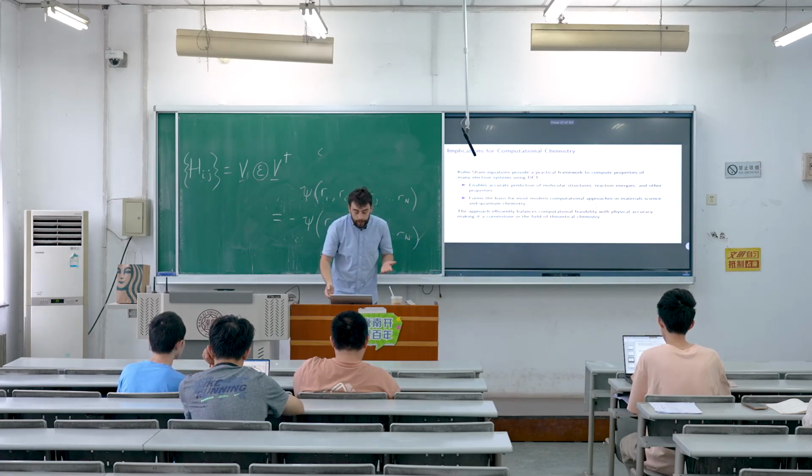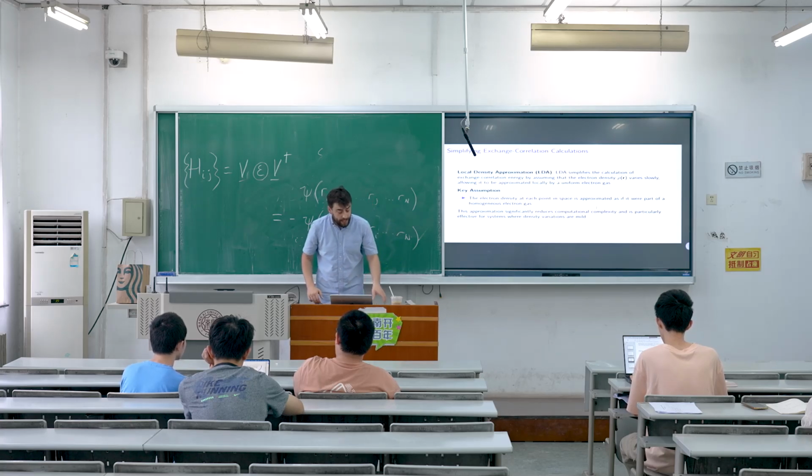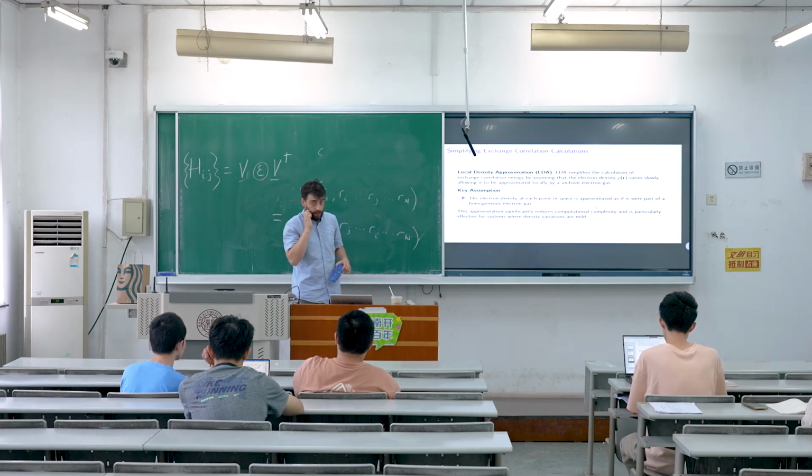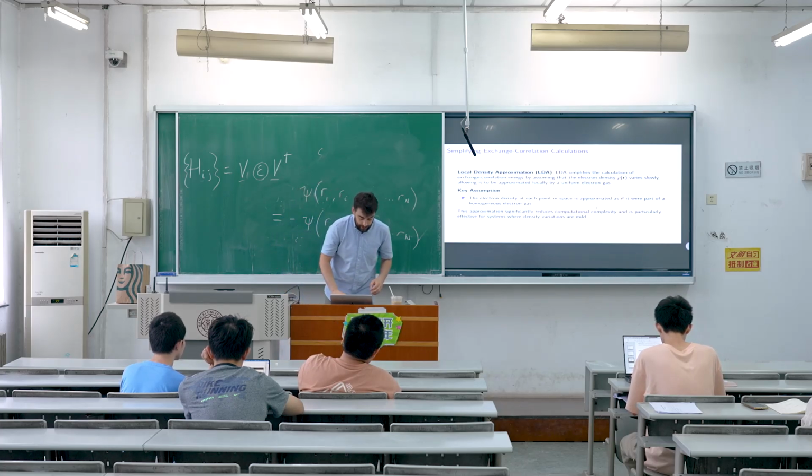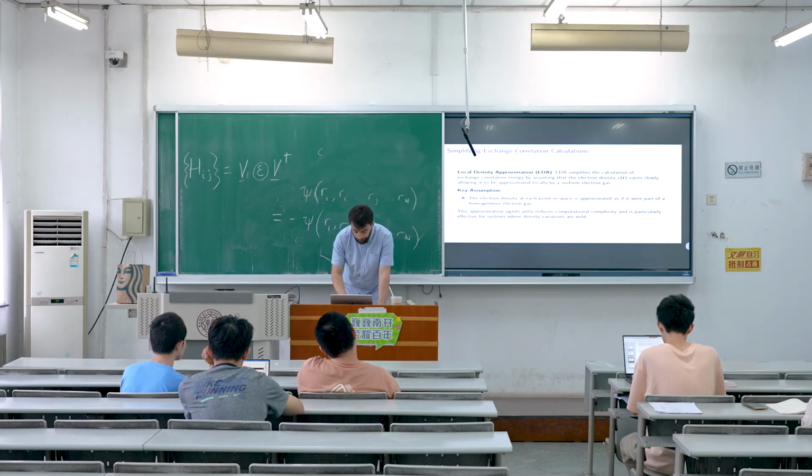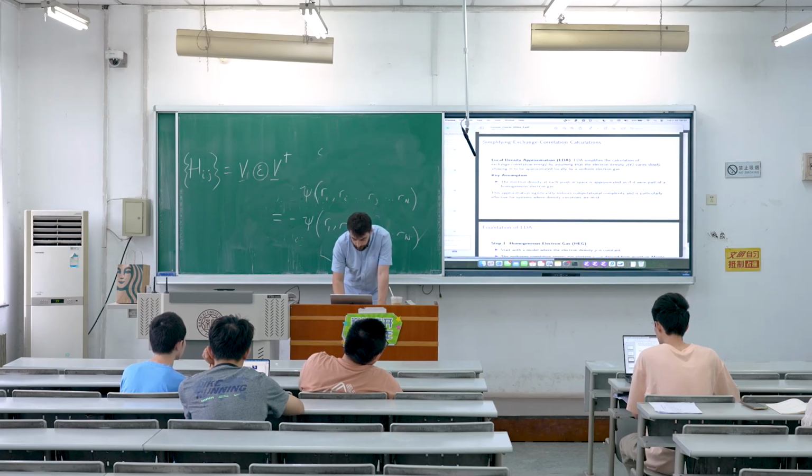So how do we approximate those things? At the most basic level, we use the local density approximation. Now, I was looking through some slides.